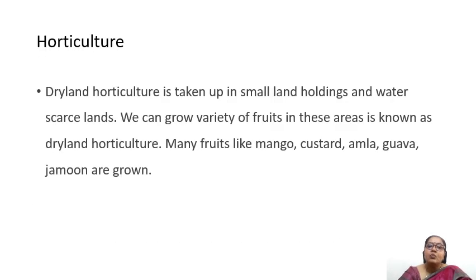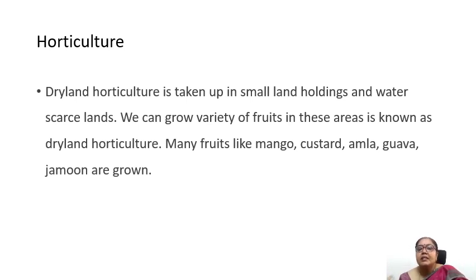Let's see how horticulture is done in dryland farming. When dryland horticulture is taken up in these areas, there are small land holdings and water is very scarce. We can grow a variety of fruits in these areas because these plants can survive and make use of very little water.